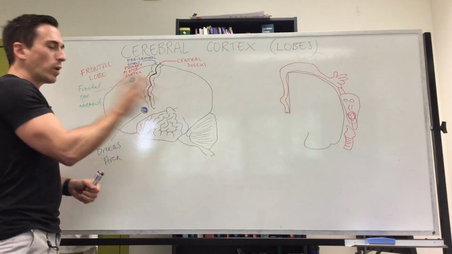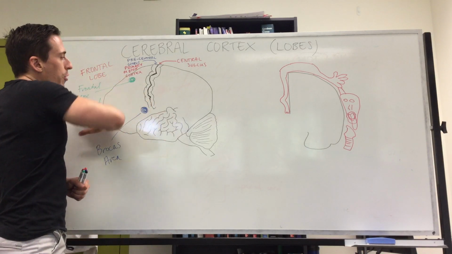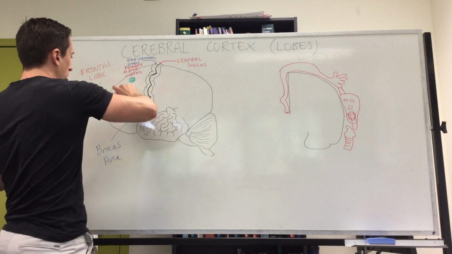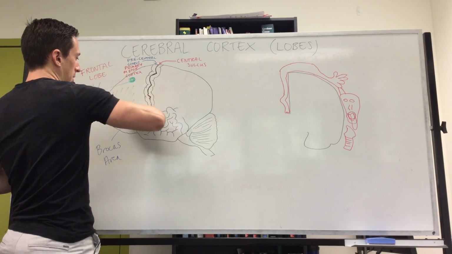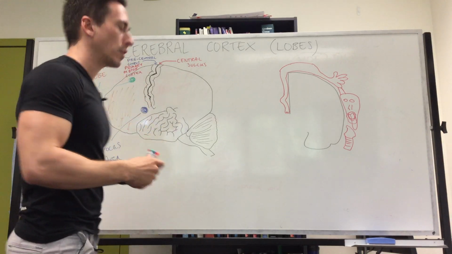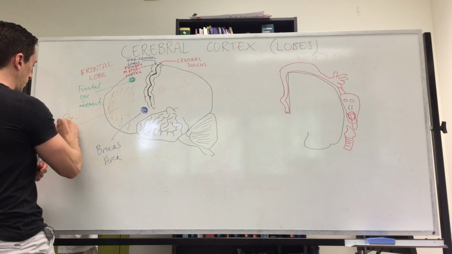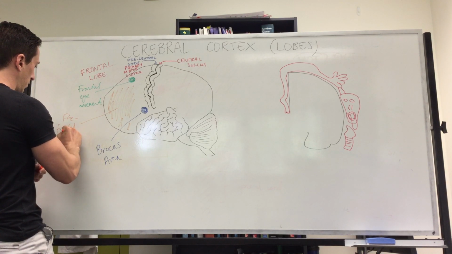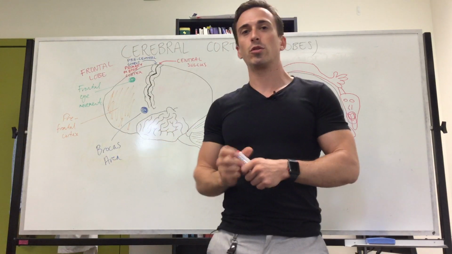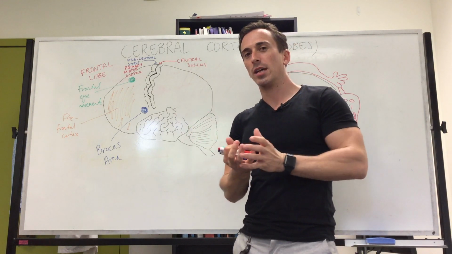Okay, what other parts of the frontal lobe are important functionally? Well, pretty much the rest of the frontal lobe, this is an oversimplification, is known as the prefrontal cortex. And the prefrontal cortex is important when it comes to behaviour, understanding what to do in the particular context.